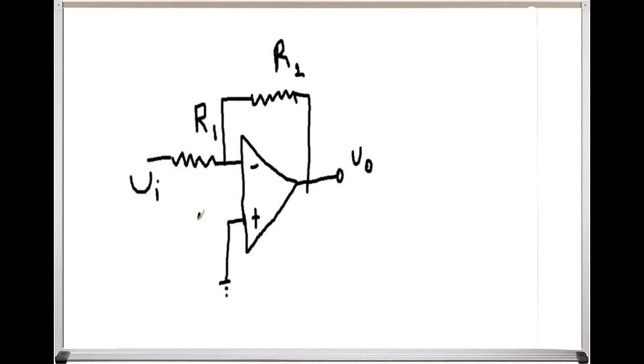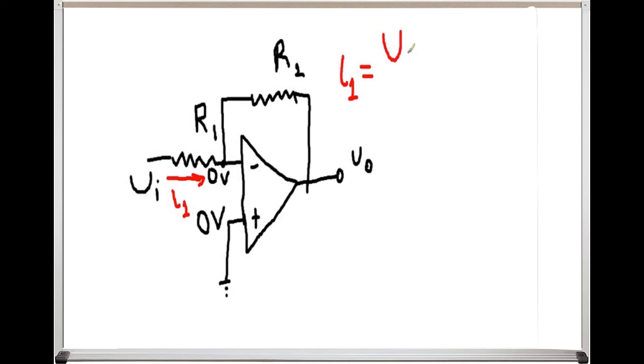In this specific circuit, because the positive input voltage is connected to ground and it has a voltage of 0 volt, the negative input voltage also has a voltage of 0 volt. Now let's check the resistance R1. On its left side it has a voltage of V in. On its right side it has a voltage of 0 volt.